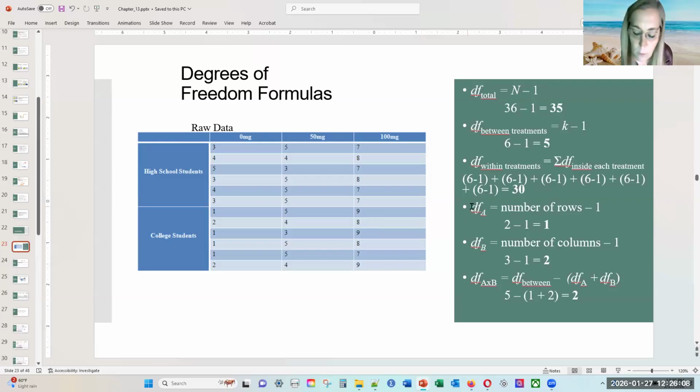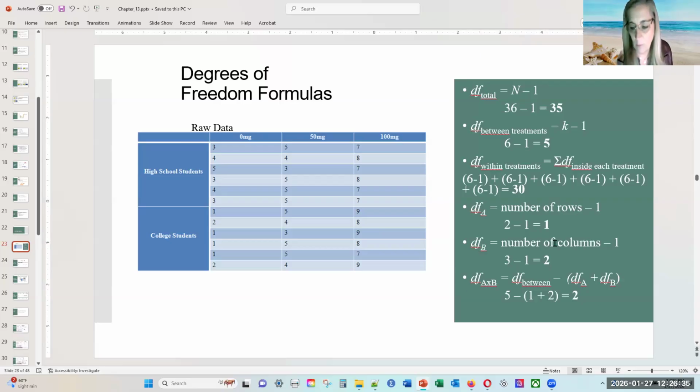All right, so then we need to calculate degrees of freedom for each factor. For the first factor, we take the number of rows minus 1. So we have 2 minus 1, or you might say it's the number of conditions minus 1.